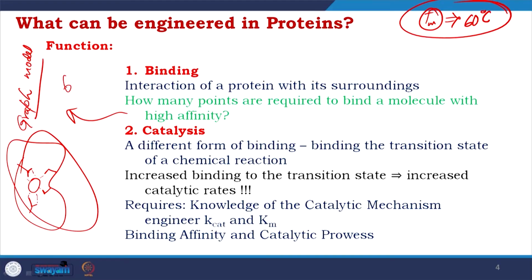Definitely it would not say everything. If I say there are 6 points, I definitely do not include the actual chemistry or biochemistry here, because all of these interactions are not the same. One might be a hydrogen bond, another might be a salt bridge.